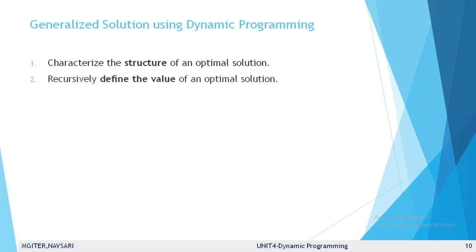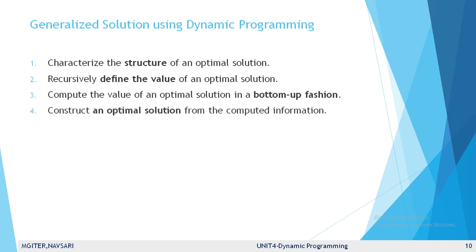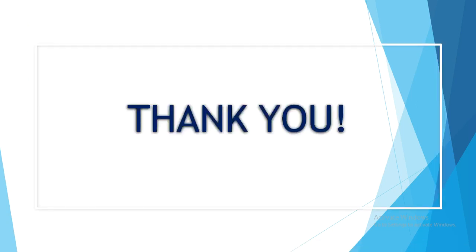Second, recursively define the value of the optimal solution. Third, compute the value of the optimal solution in bottom-up fashion. Then construct the optimal solution from the computed information. This gives the general solution for dynamic programming.